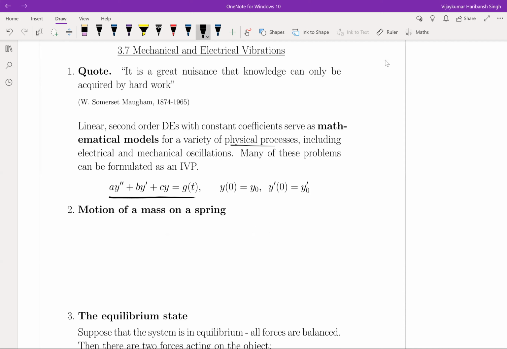So here we have a spring of length L. So let this length be L. Now to this spring, let's attach a mass M. So the same spring will get elongated.